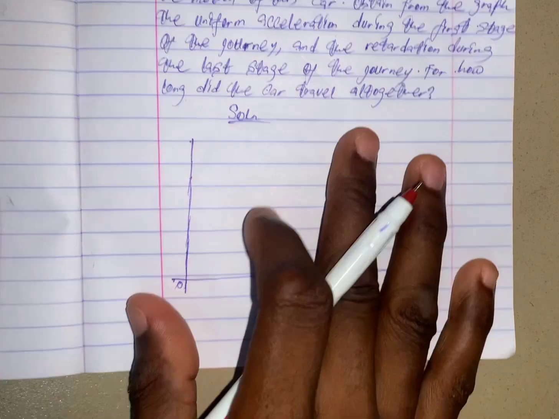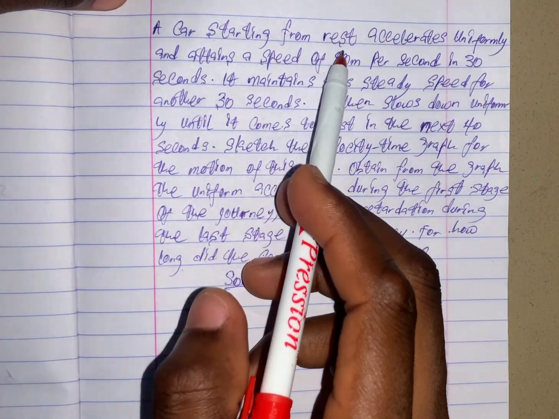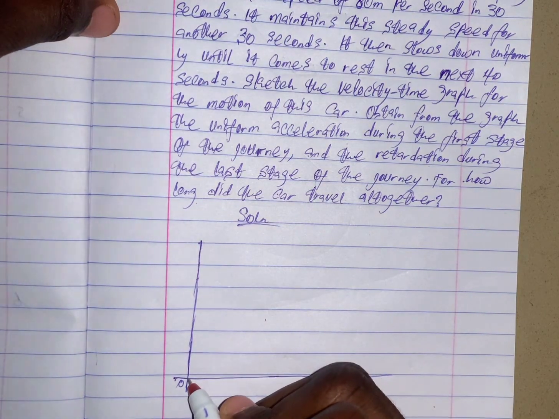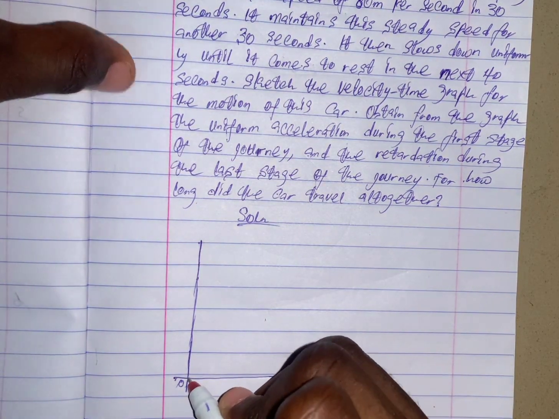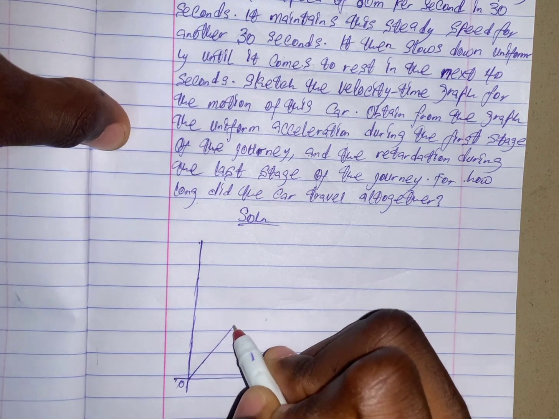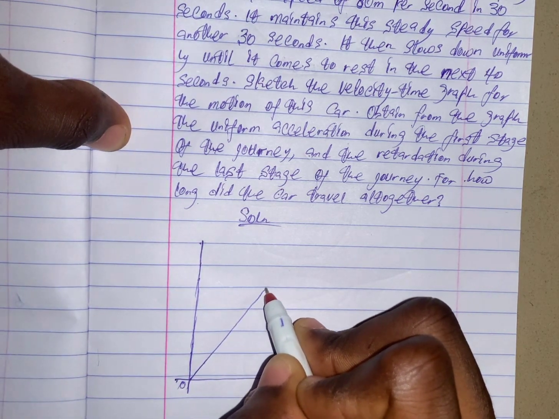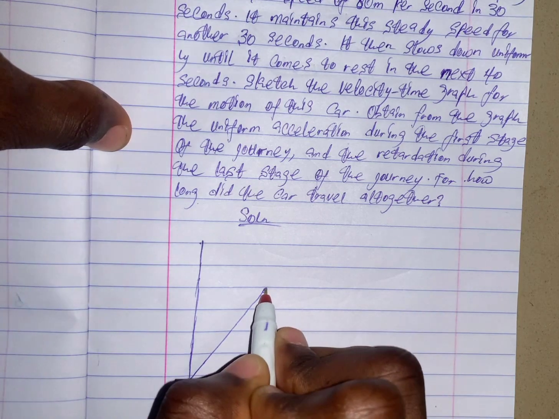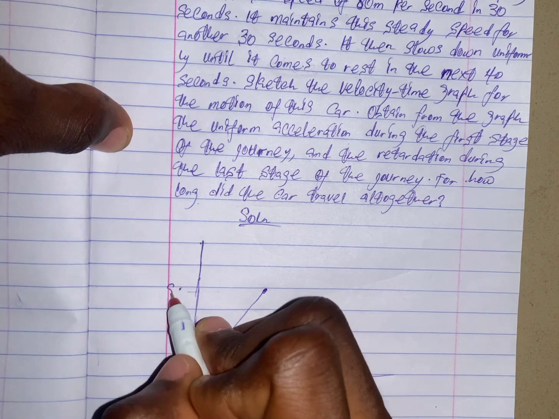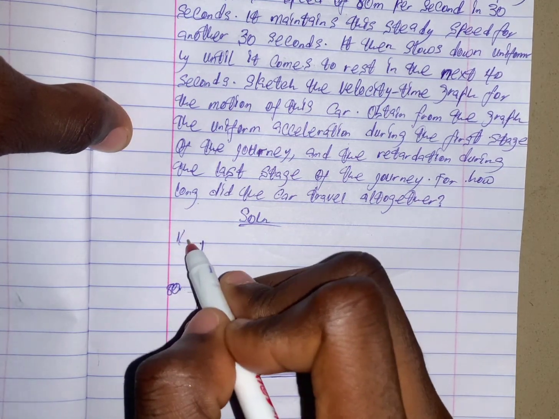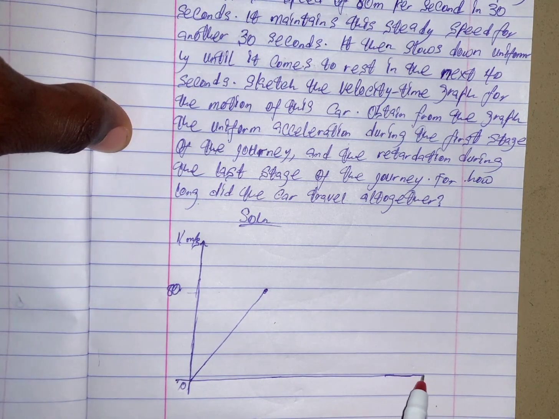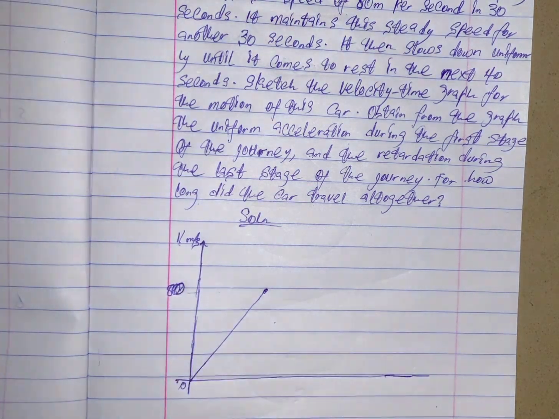Remember, it says starting from rest. That simply means that the car starts from rest, which is 0, and accelerates to a speed of 80 meters per second. That simply means that the velocity here is 80 meters per second.